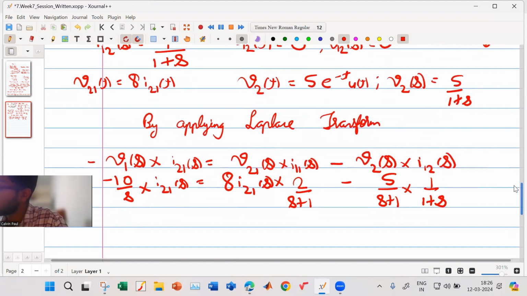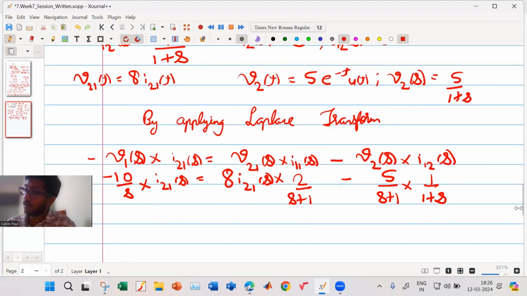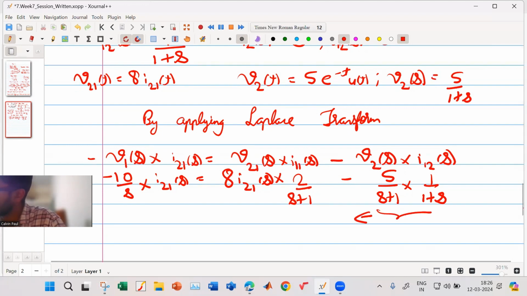So now we will take this term to this side and this term to that side.